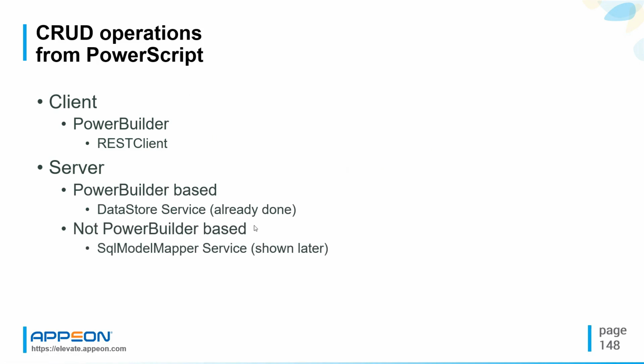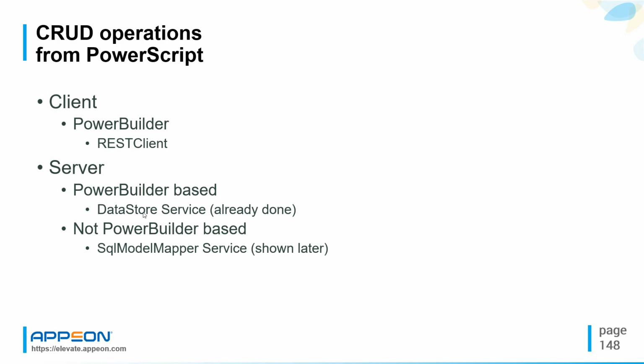Actually, I said the SQL Model Mapper service would be shown later, but I actually showed that already. So this slide was originally earlier. The client I've created actually uses the REST client, but it's capable of calling both of the services using the data window. Once again, I mentioned that the data store and the data window can by default generate data window JSON.